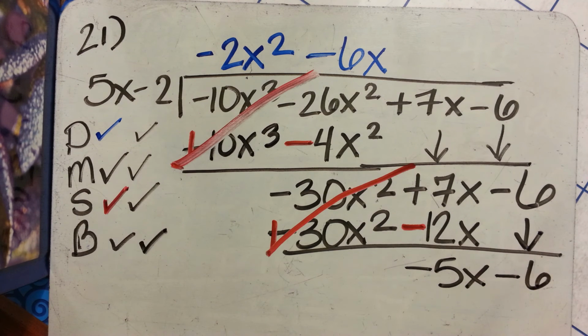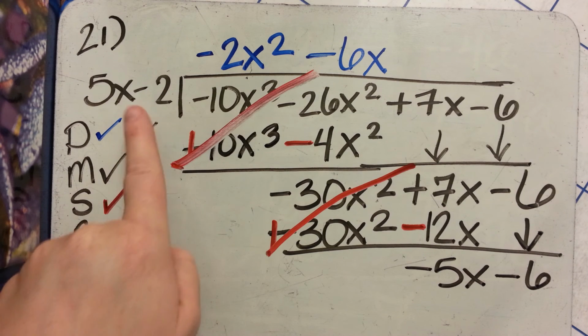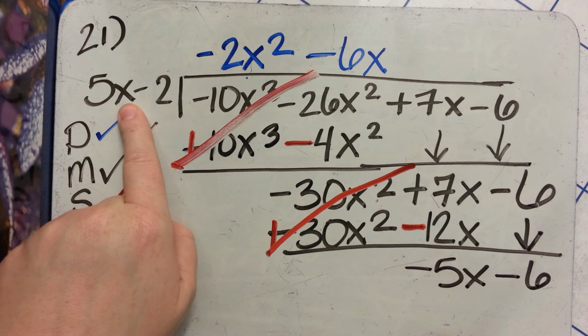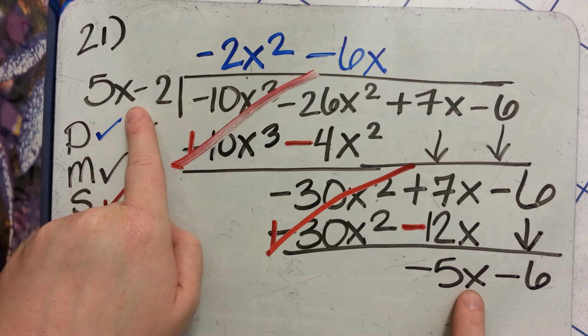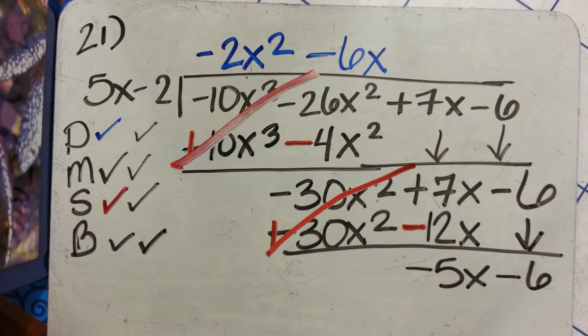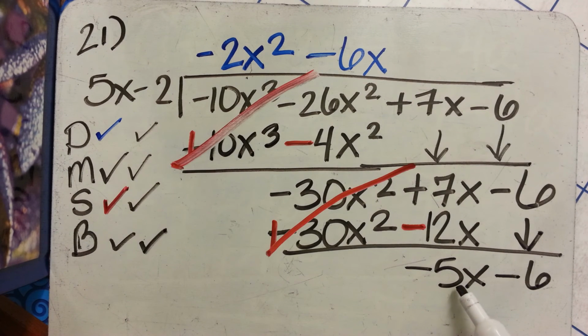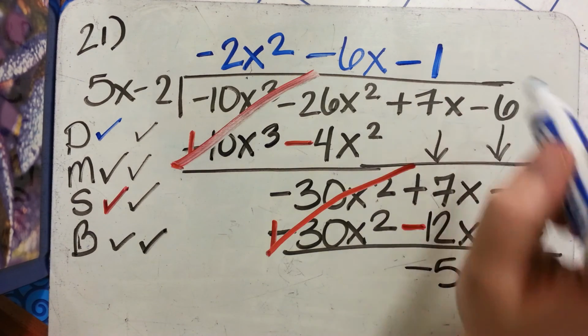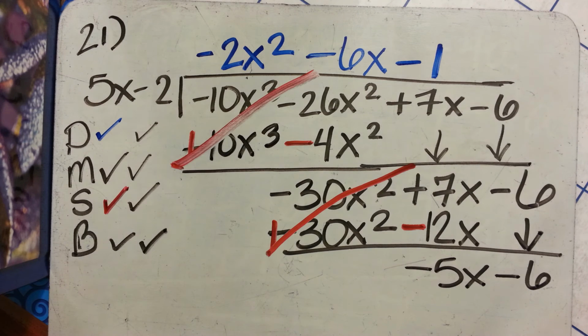And then we're still going to be able to continue, because as long as I can find a term that I can multiply 5x by to create this term, I'm going to keep going. So all we have to do is make this a negative 5x. So that means we just need a negative 1 up here. So we can still keep going, but we're almost at the end.